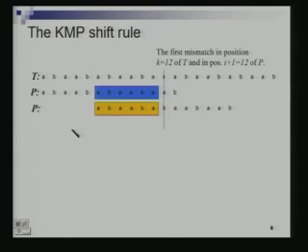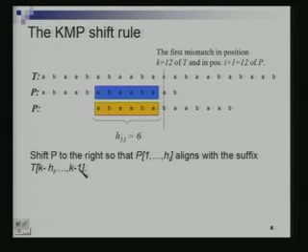Right, so this is a shifted pattern. h11 is 6. Right. So we are shifting P to the right so that P1 through hi, 1 through 6, aligns with the suitable suffix of the text.